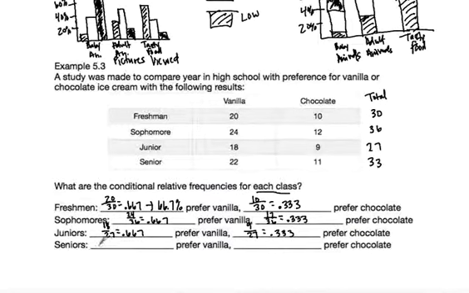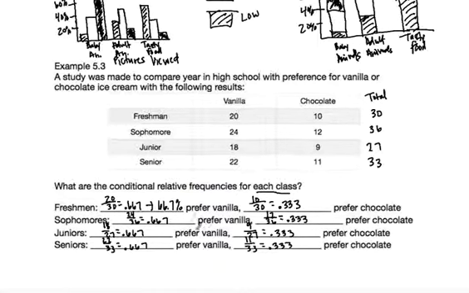For the seniors, there were 33 seniors who were asked. There were 22 that preferred vanilla, so 22 out of 33 will give you 0.667. And then for the seniors, there were 33 that were asked. There were 11 that preferred chocolate, so that's 0.333.